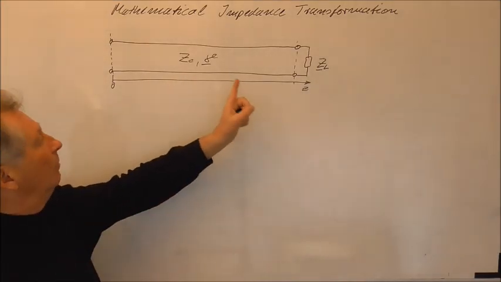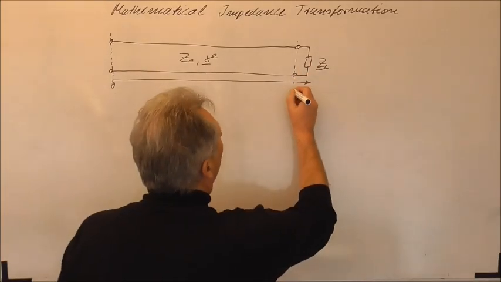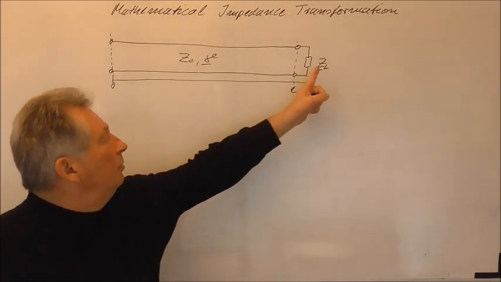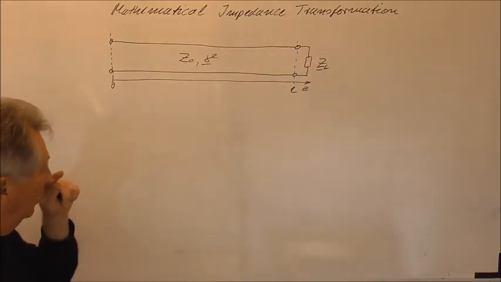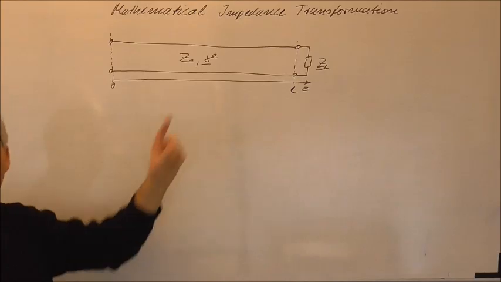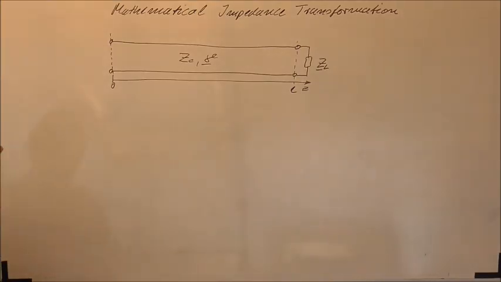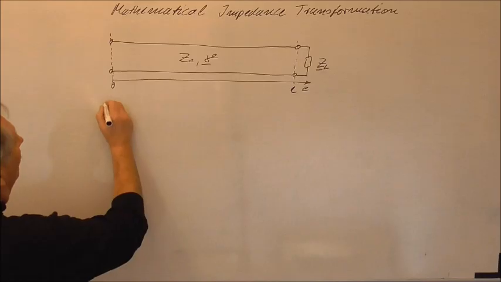And we know as soon as we terminate the transmission line at the point L with a certain load impedance, there will exist some reflections on the transmission line, and the voltage at a certain point on the transmission line is given by the superposition of the two waves, or the interference of the two waves.